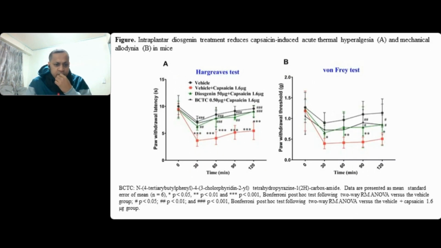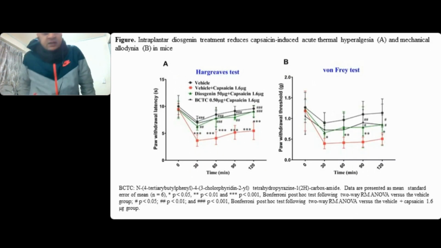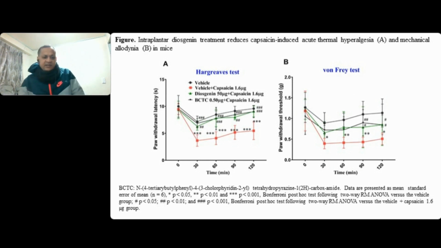We also used another experiment with capsaicin, and we evaluated the Hargreaves test. It's like a heat sensation, and this one is for mechanical pressure. In a time dependent manner, before injection of Diosgenin and capsaicin, we evaluate how much pain it can tolerate, for pain related behavior, pain sensation.